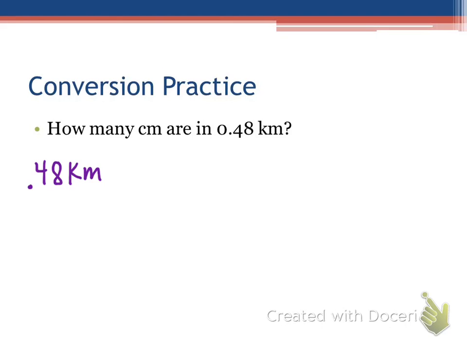So to go from kilometers to centimeters, I'm going to go kilometers to what? Meters to centimeters, right? If you look at your chart, you don't have a direct correlation or a direct line from kilometers to centimeters, right? Go to that base unit, meters or liters or whatever it is, and then go to the next one, okay? Is that part making sense?